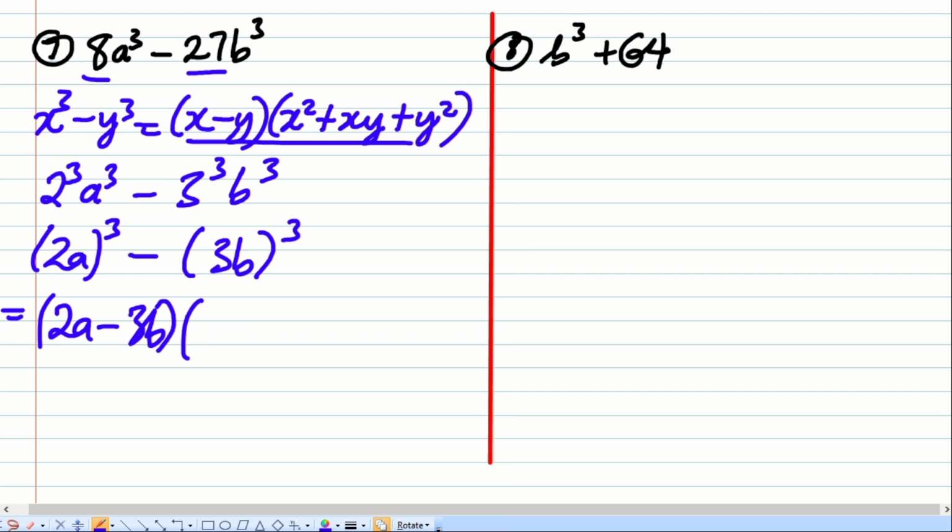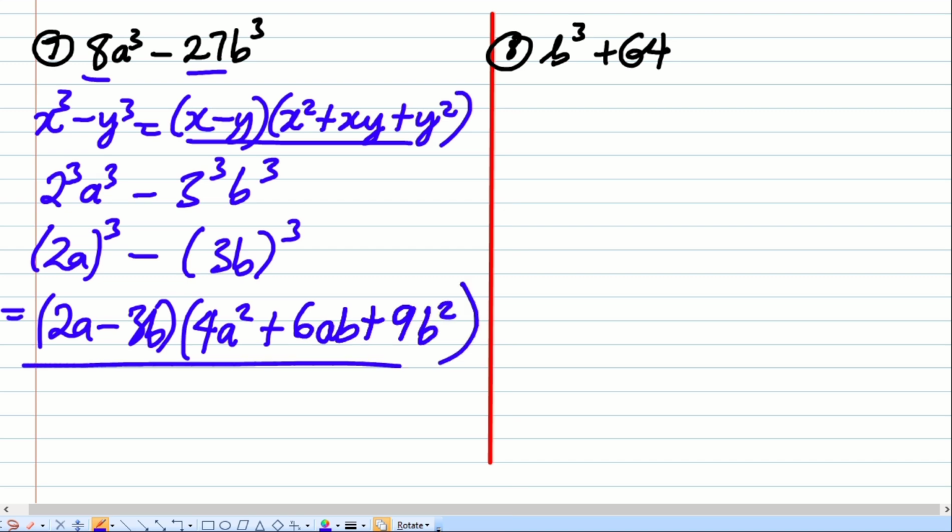Let's just do it straight: 2a squared, 2 squared will be 4, a squared will be a squared, plus the first term times the last term, because you see that this is xy, meaning the first term times the last term. So the first term is 2a, 2a times 3b, 2 times 3 is 6, a times b is ab, then plus the last term squared, 3 squared is 9, b squared is just b squared. So that is the answer.